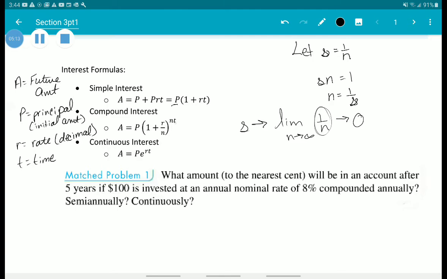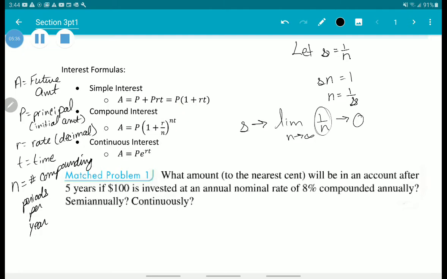The formula is a little bit different. It's P times (1 plus R over N) to the NT. N represents the number of compounding periods per year. And then there's continuous interest.